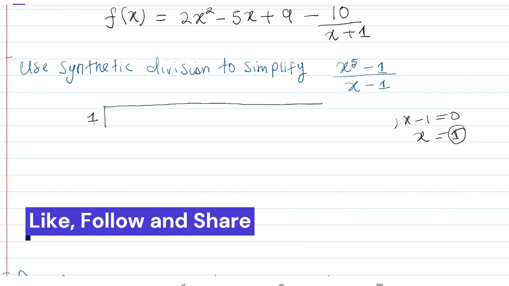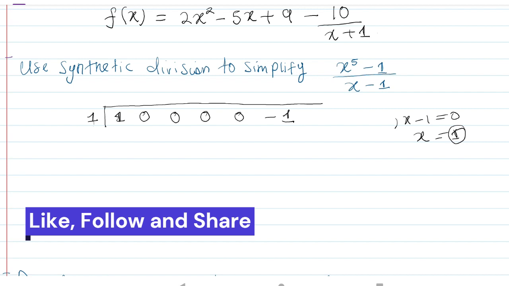Now this is x to the power 5, right? So the coefficient is 1. Then we have x to the power 4, which the coefficient is 0, x to the power 3, x to the power 2, then x to the power 1, and negative 1.